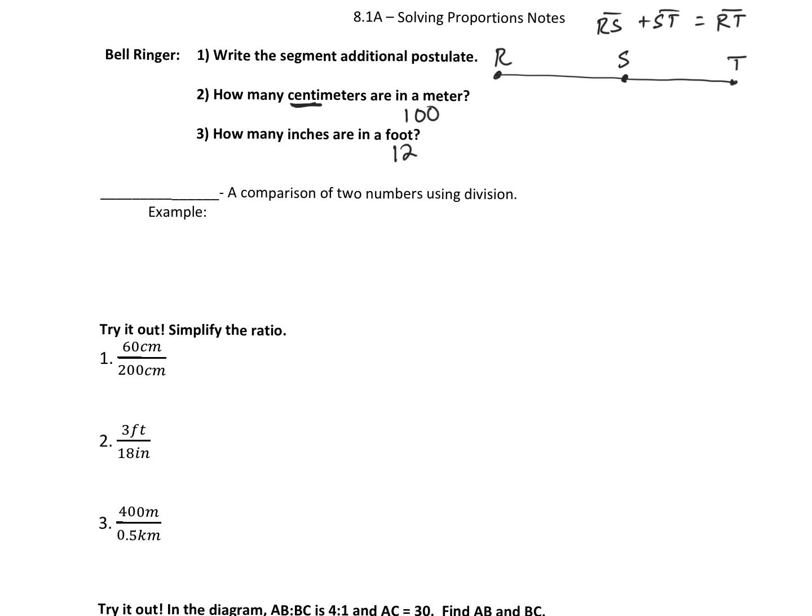Next, some vocabulary. A ratio is a comparison of two, that's key, two numbers using division. So if I were to draw a picture here, if I had hearts and triangles, and I want to compare the hearts to triangles, this is 2 to 3, or we can write it as 2:3, or as a fraction 2 over 3.